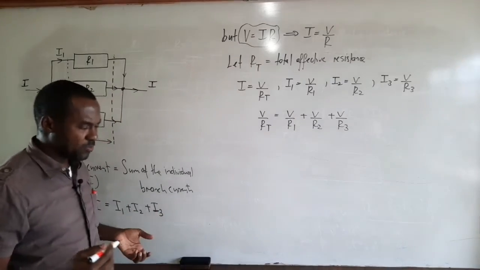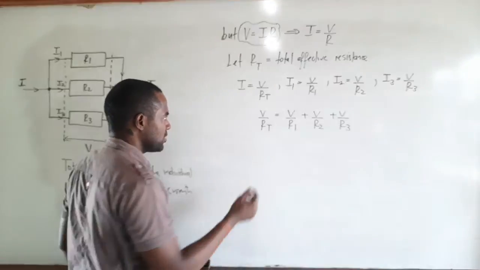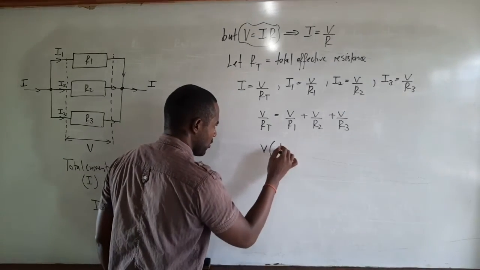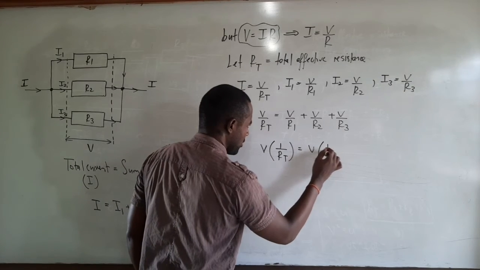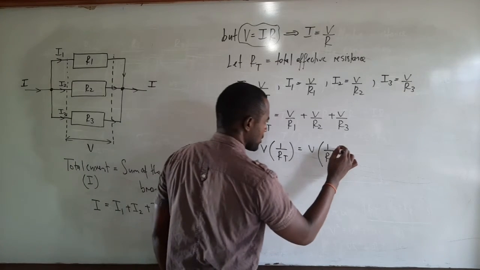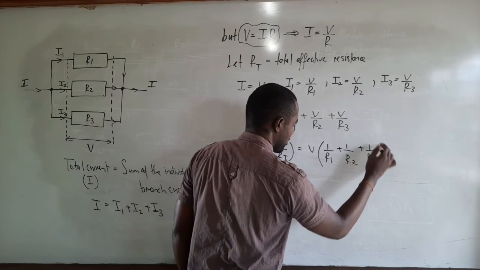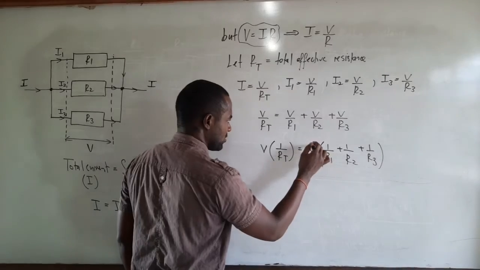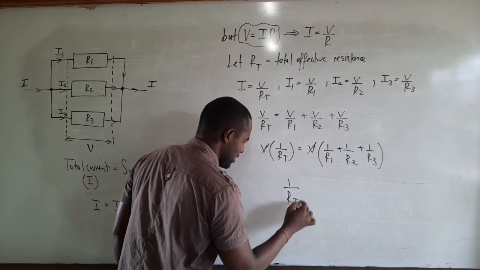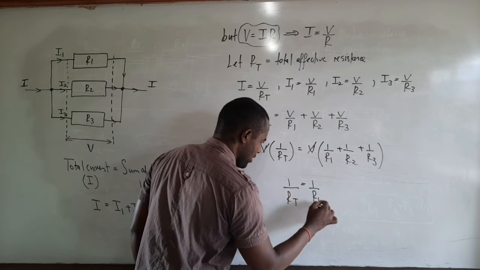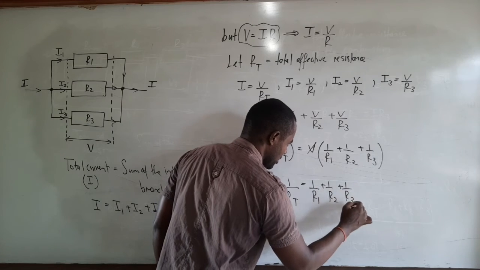Since V is common to both sides, we can factorize and divide through by the V's. So V times 1 over RT is equal to V times 1 over R1 plus 1 over R2 plus 1 over R3. The V's cancel, and what we're left with is 1 over RT is equal to 1 over R1 plus 1 over R2 plus 1 over R3.